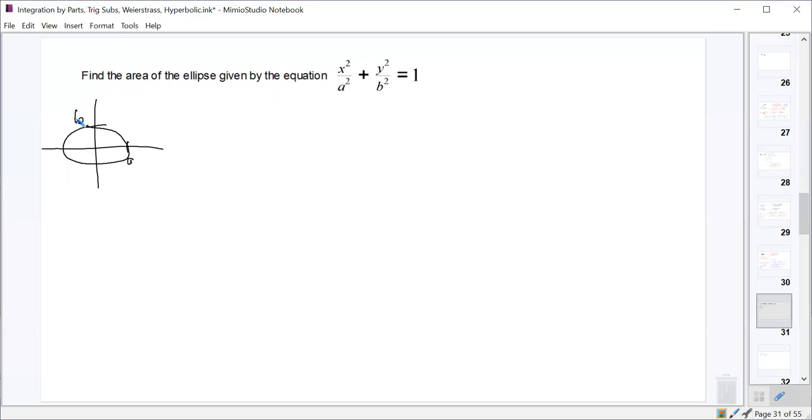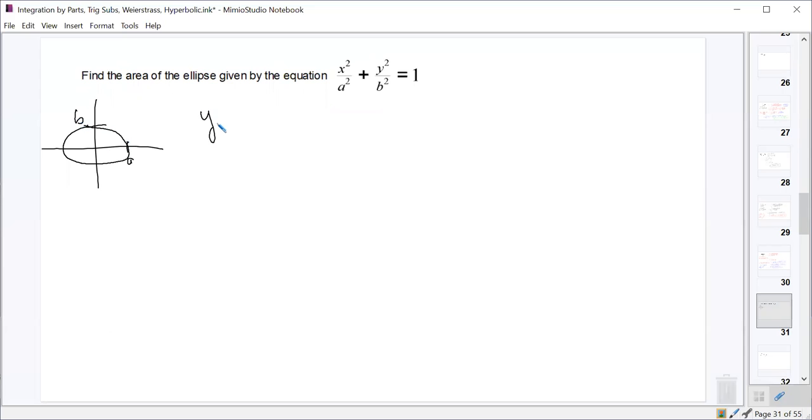The area just should be the area underneath the curve, shouldn't it? Yeah, we could find the integral from -a to a and then multiply it by 2, or we could find the integral from 0 to a and multiply it by 4. I think that's going to make life even a little bit easier if we just do 0 to a. So let's do that. But first, we have to have a function to integrate, right?